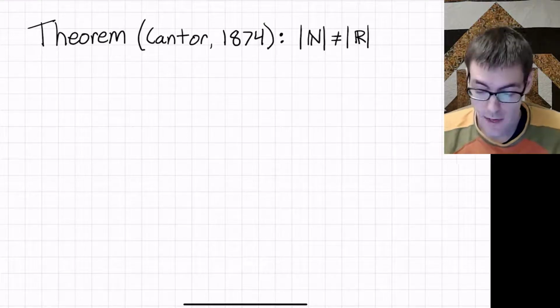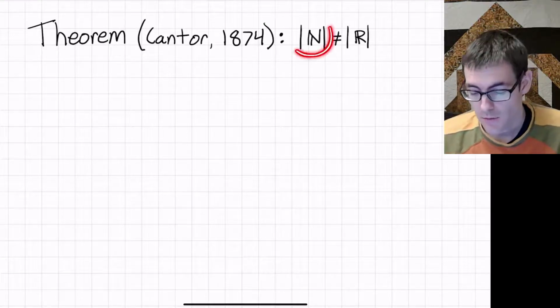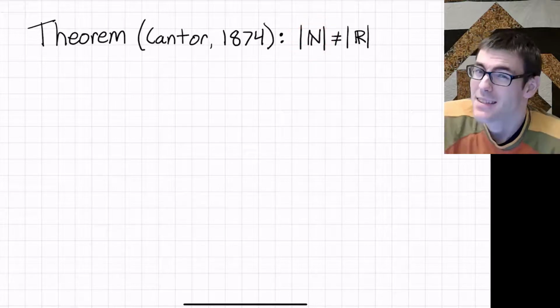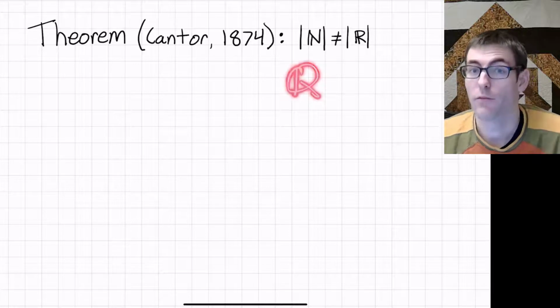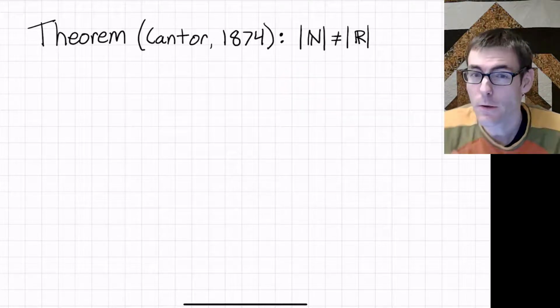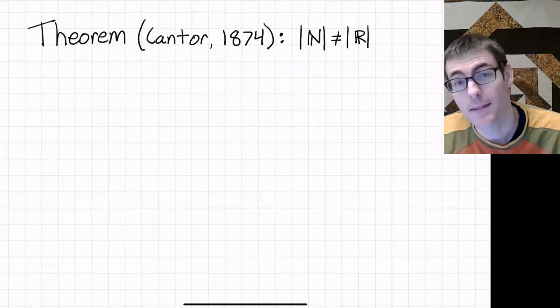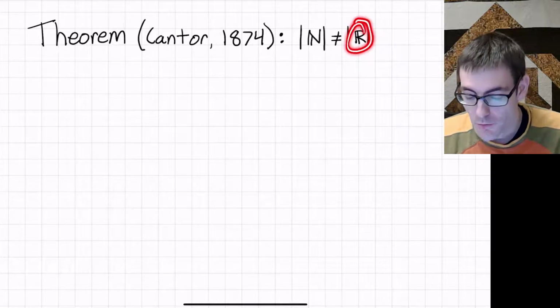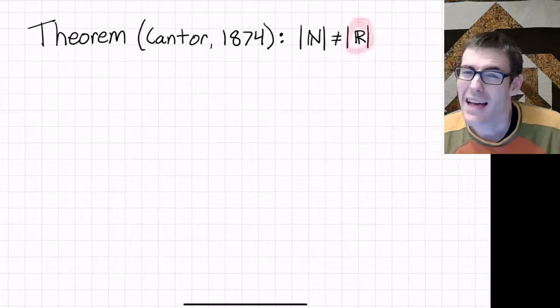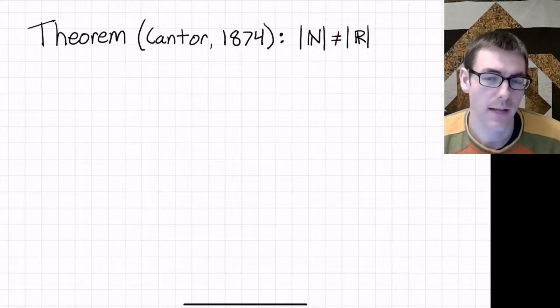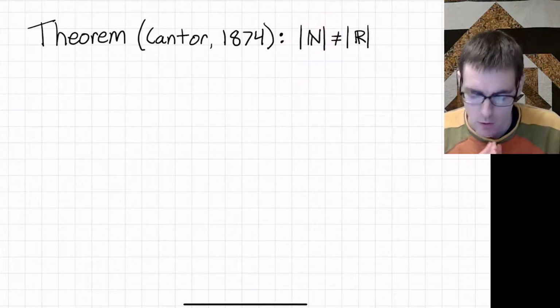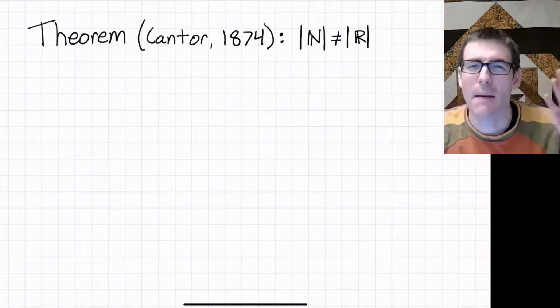Up until now, we've talked about how the set of natural numbers has the same cardinality as the set of integers, as well as the set of rational numbers. Cantor's theorem is saying that this trend does not continue, that the set of real numbers has a different cardinality than these previous sets.